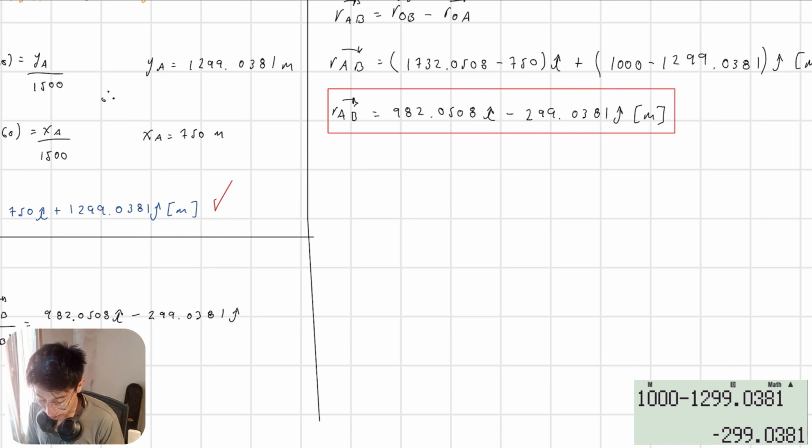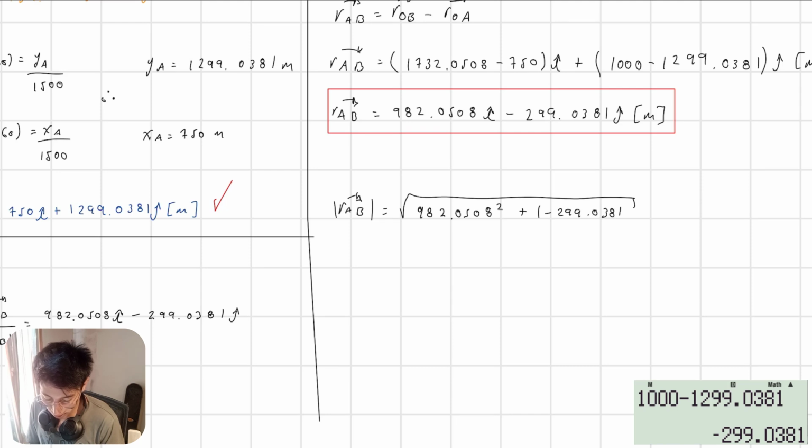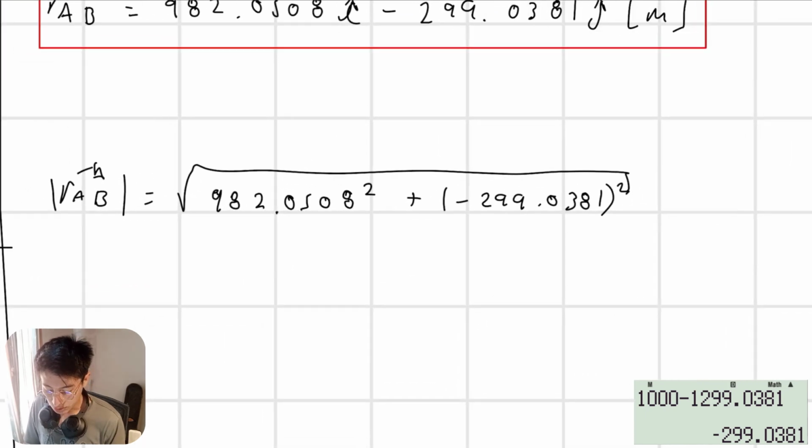So the magnitude of the vector RAB is equal to the square root of 982.0508 squared plus, open parenthesis, minus 299.0381 squared.